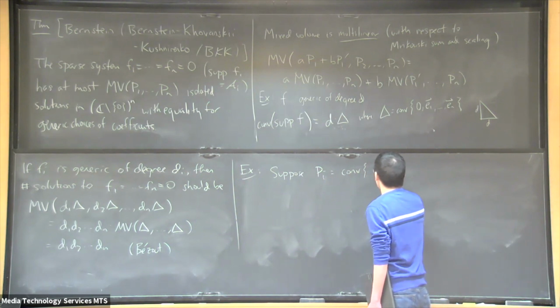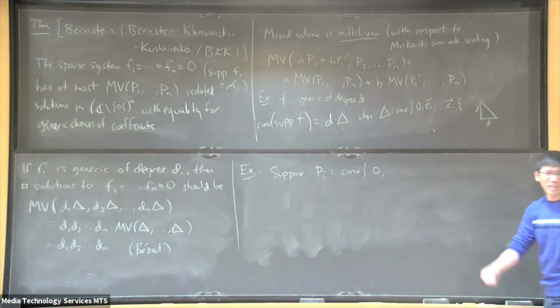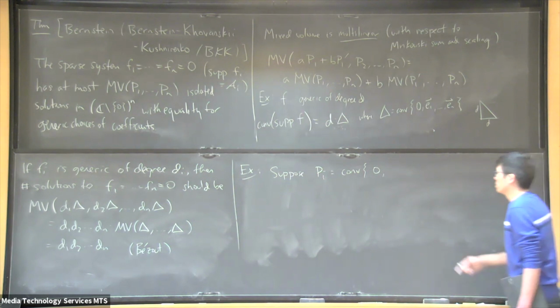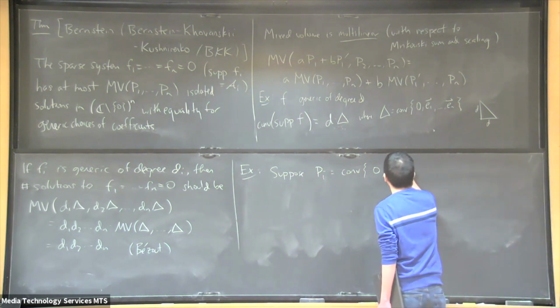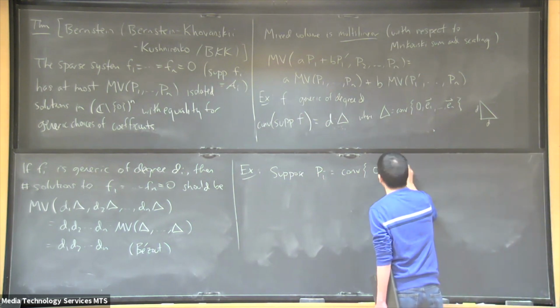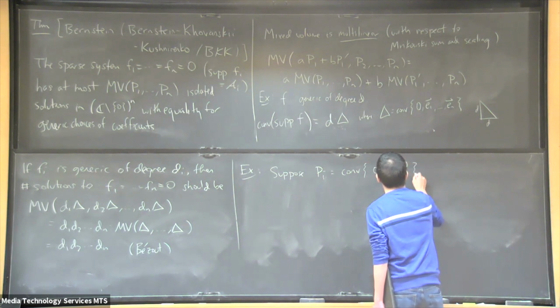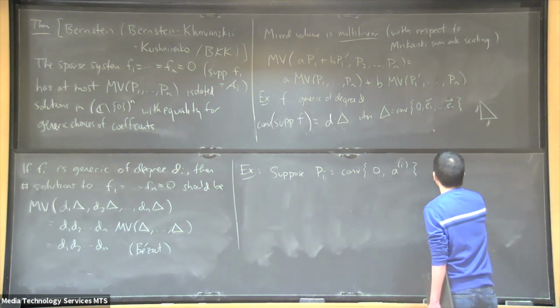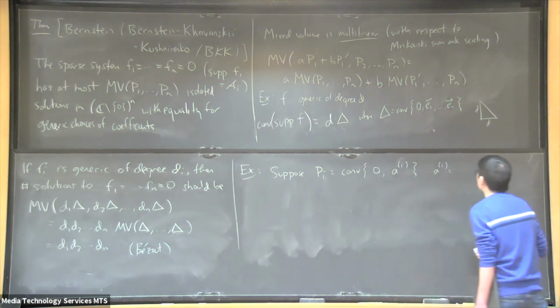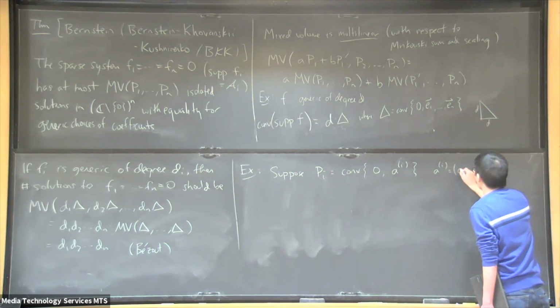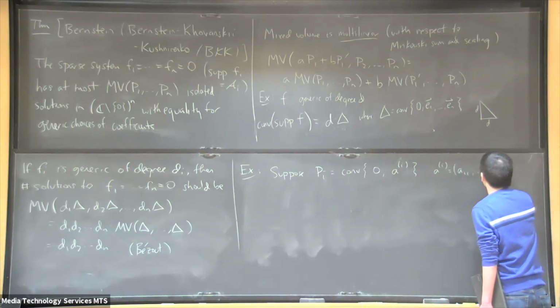I'll take the origin and then some other point, which I'll call ai. Here ai is some point, say ai1 through ain.